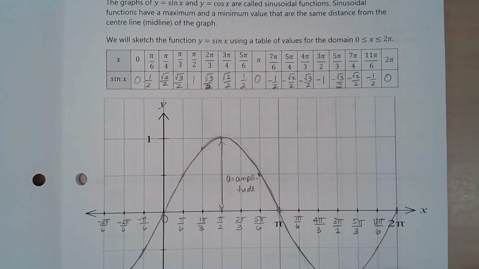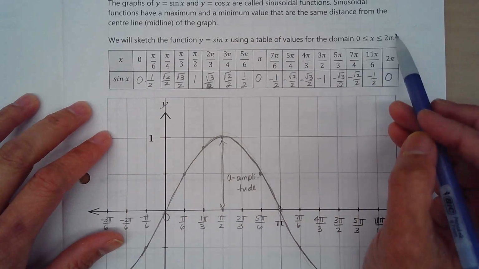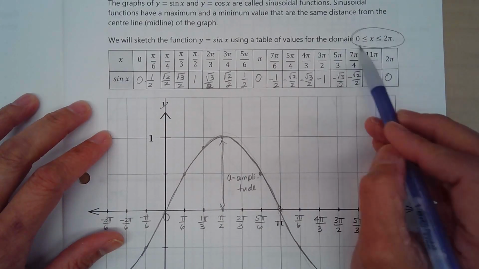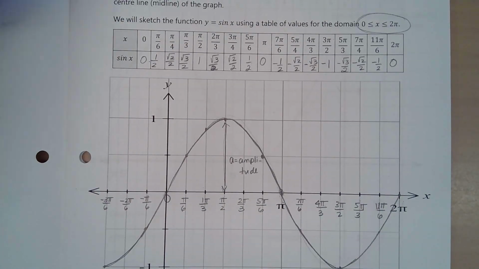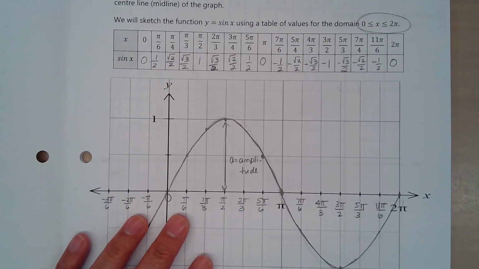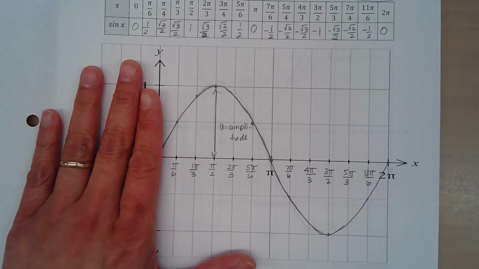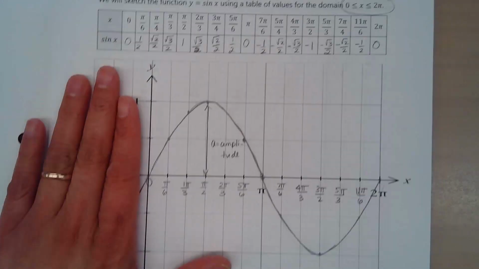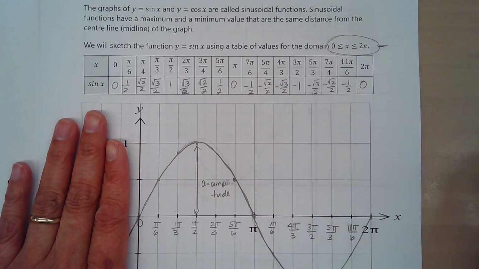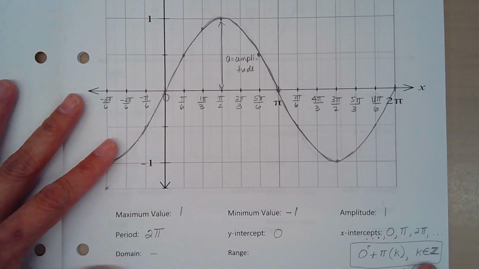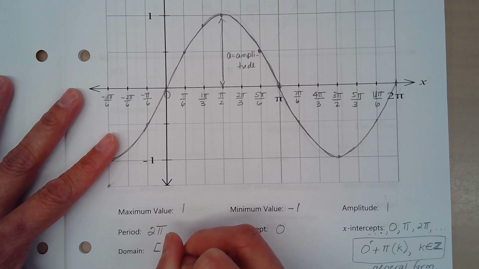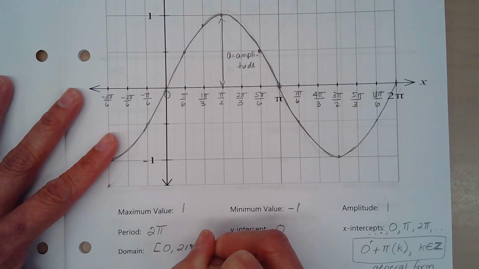Okay, maybe I should read this because it says here we will sketch the domain from 0 to 2 pi. Yeah, we actually did not sketch from 0 to 2 pi, we actually sketched beyond. So if we stick to this, what's the domain? 0 to 2 pi.